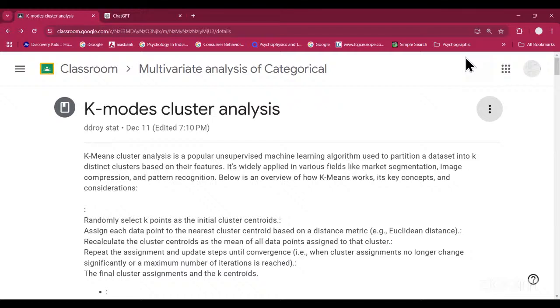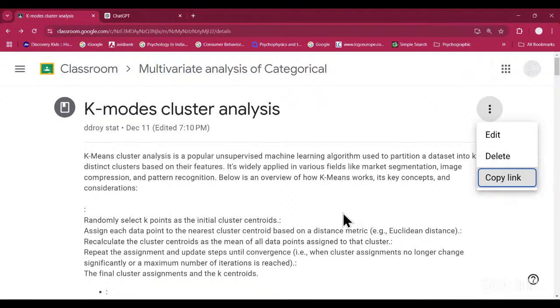You have already learned the cluster analysis; this hierarchical cluster analysis you learned in earlier classes, and there you followed the Euclidean distance. Now the final cluster assignments and the K centroids.